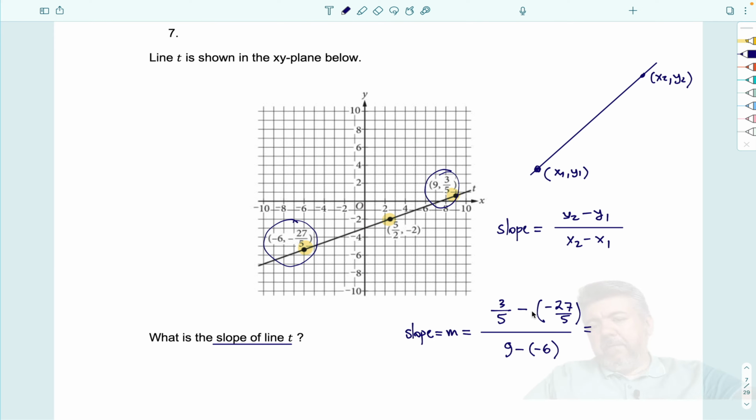So it will be 3 over 5 plus 27 over 5, divided by 9 plus 6, which is 15. So 30 over 5 over 15, so it will be 6 over 15, divided by 3, 2/5. The slope of this line is 2/5.